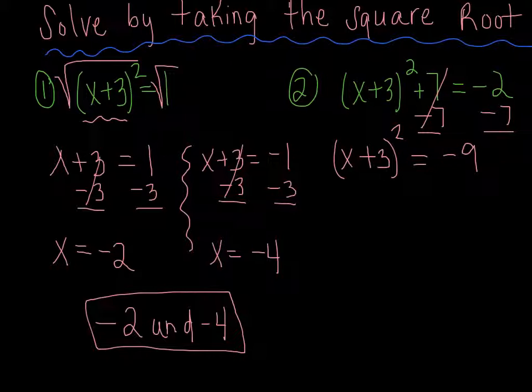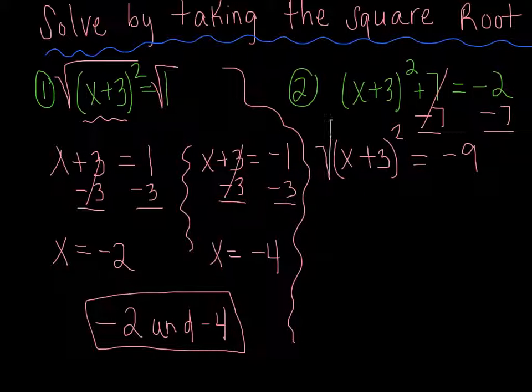I'm going to divide this up right here. Then I'm going to square root the whole (x plus 3) squared and square root negative 9. So I'm left with x plus 3 equals, I have a negative in the radical, so I'm left with 3i.